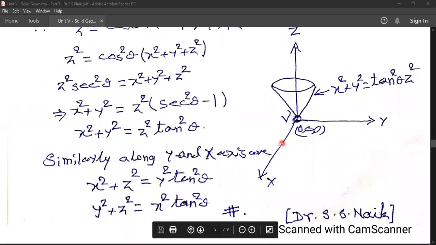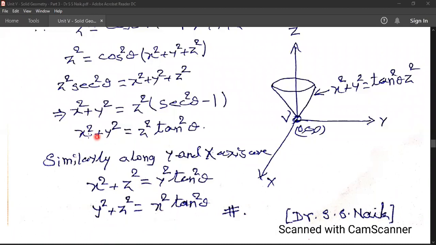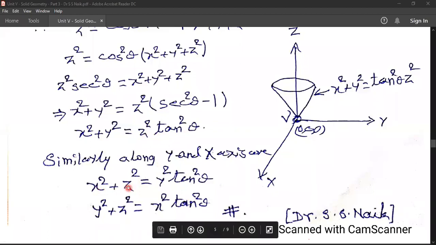Then along the x-axis, that is axis along the x-axis is equal to what? On the left hand side you are having y square plus z square, other than that axis, that means x square tan square theta.